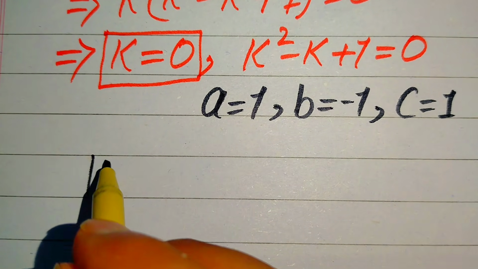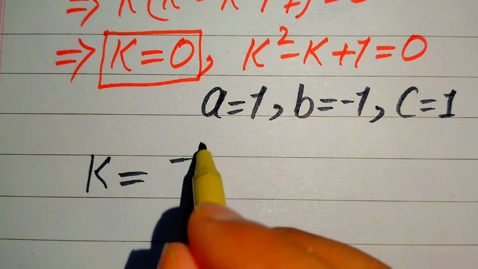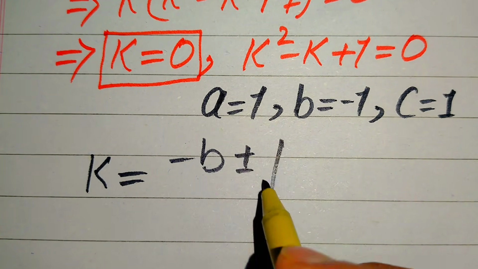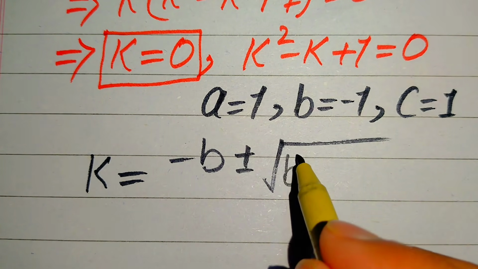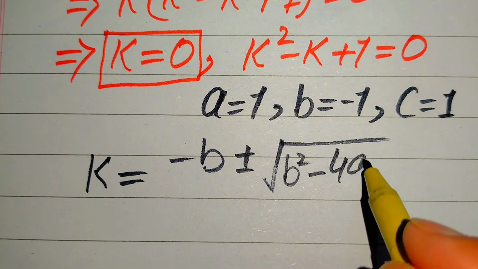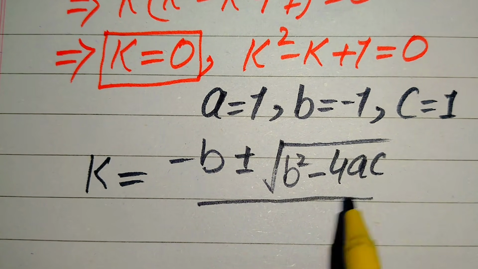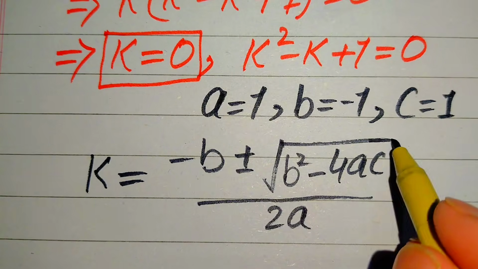And we state the quadratic formula as k is equal to minus b plus or minus the square root of b square minus 4ac, divided by 2a.